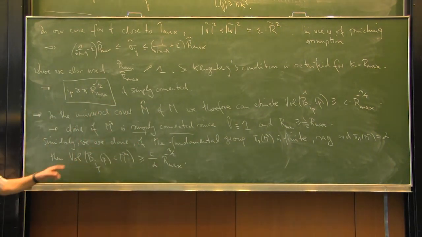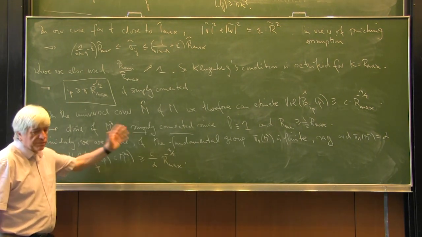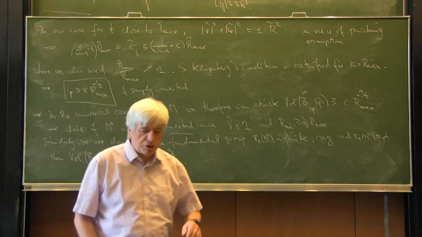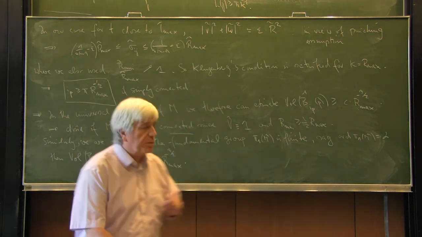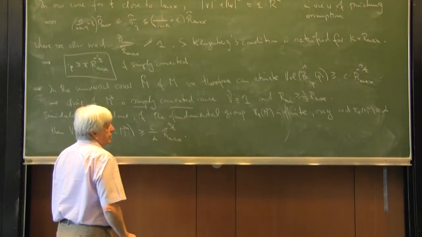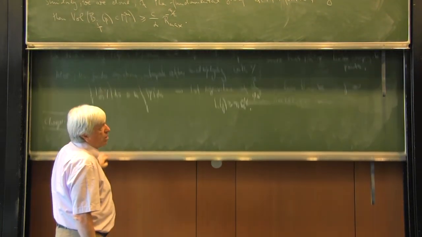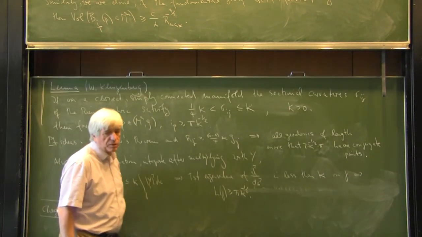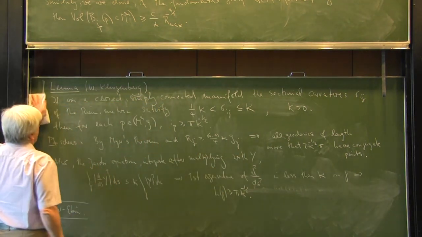Okay. So it remains to show that the fundamental group is finite. But this is well known because in our case the Ricci curvature is strictly positive, and it's well known that if the Ricci curvature is positive, then the fundamental group is finite. So, once more, we make use of the positive curvature to deal with this last remaining problem.